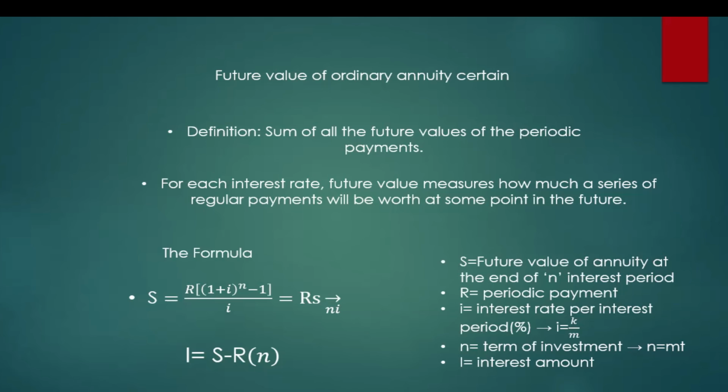The formula is I equal K divided by M. N equal term of investment, which is the formula is M multiplied by T. And lastly is I, which is interest amount.